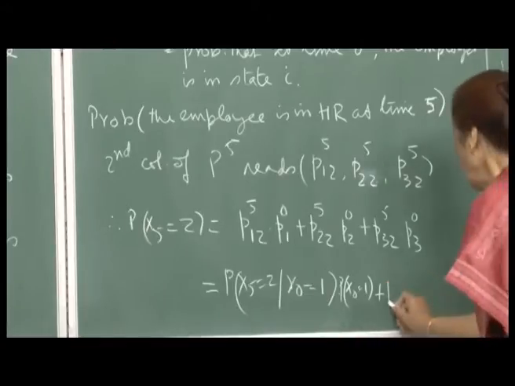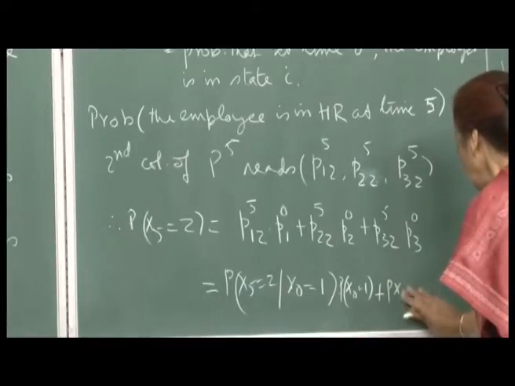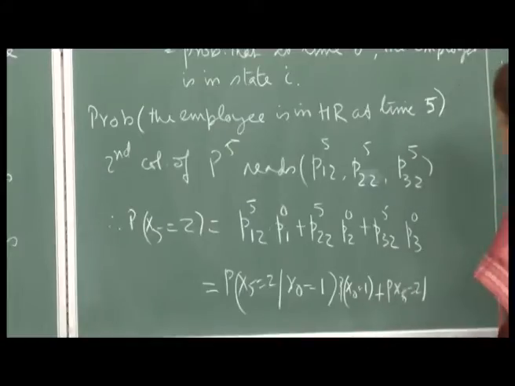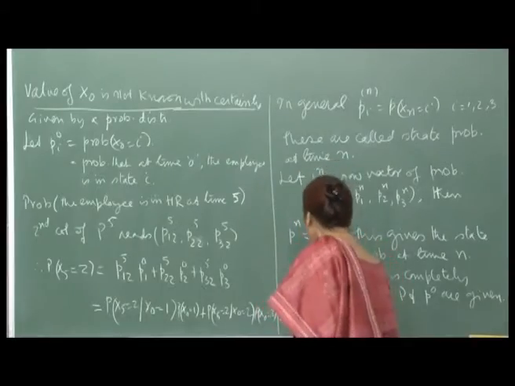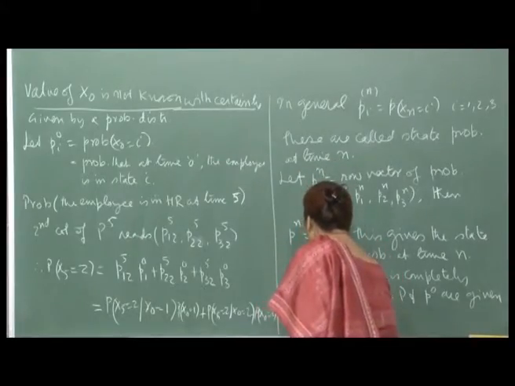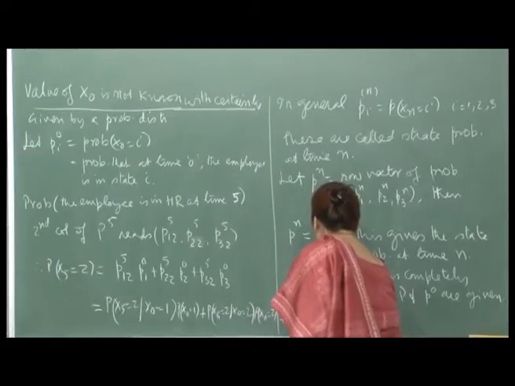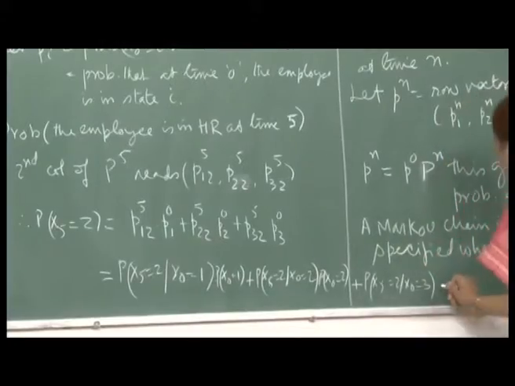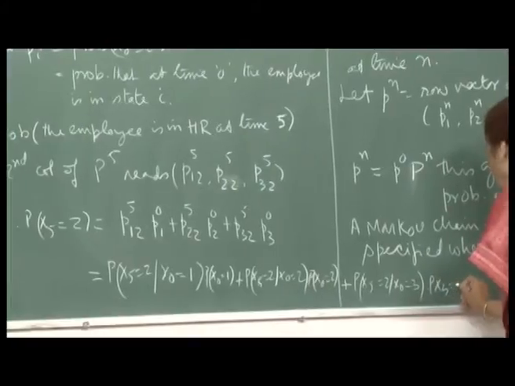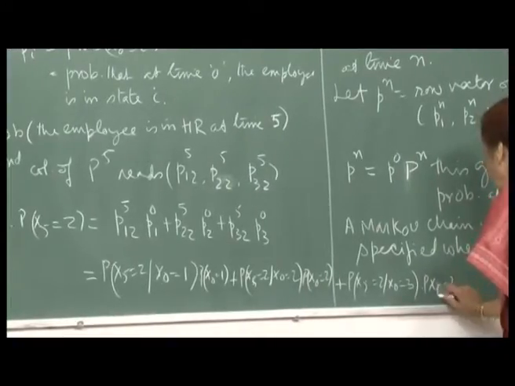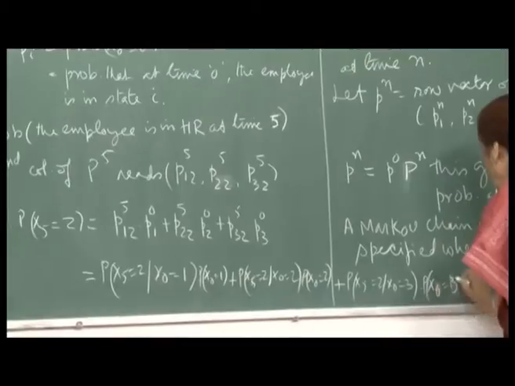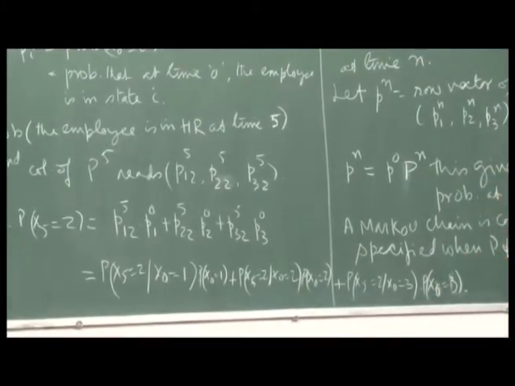So, this will be probability x 5 is equal to 2, given that x naught is 2, into probability x naught is equal to 2, right, plus probability x 5 is equal to 2, given x naught is equal to 3, into probability x naught equal to 3. So, I break this up.